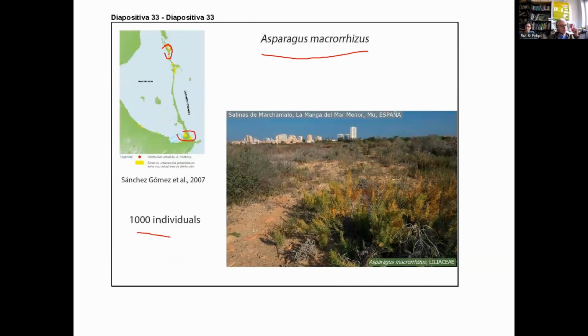With less than 1,000 individuals. There used to be populations across the whole seashore in this area of Murcia in the southeast of Spain, and now we have only 1,000 individuals.